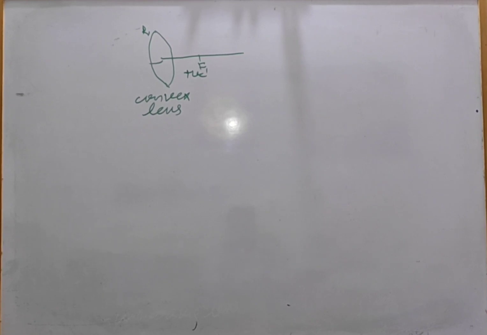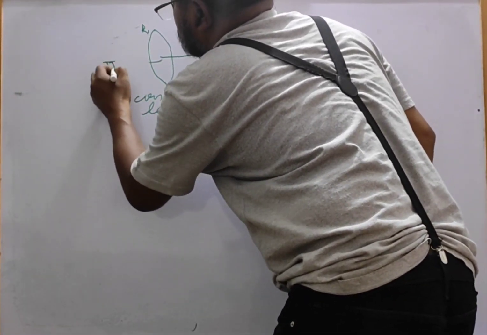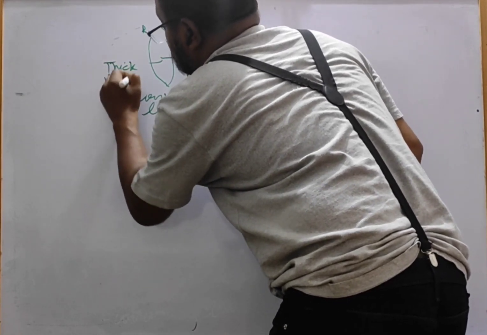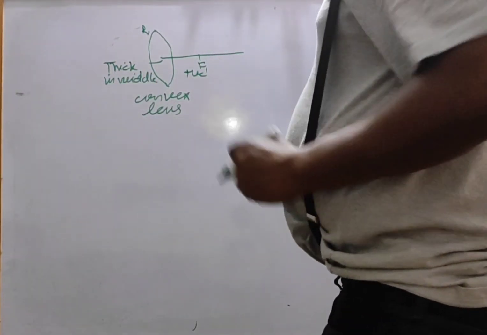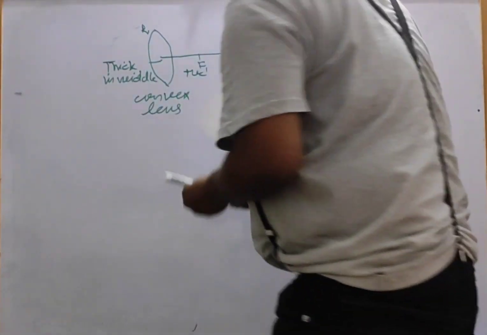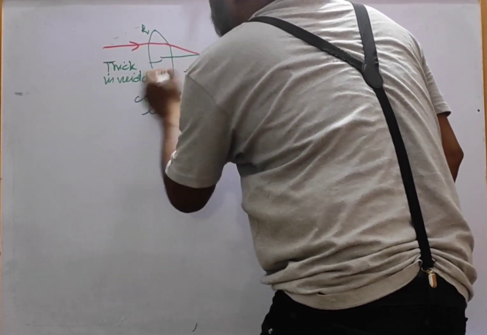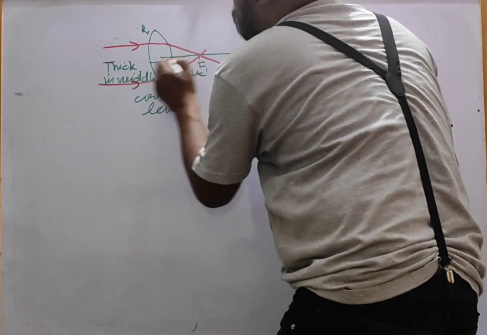So yes, it is thick in middle, right? Thick in middle, and converging means if light rays are coming like this, they get accumulated like this.